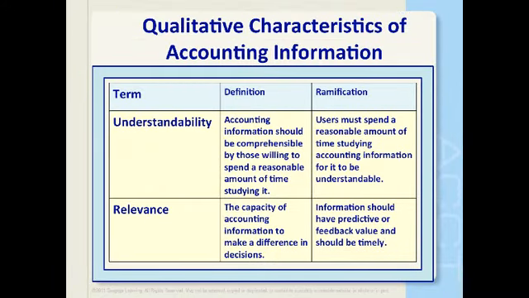Okay. Next, we have both qualitative and quantitative characteristics in the accounting information. First, we're going to talk about understandability. What that means is that accounting information should be comprehensible by those willing to spend a reasonable amount of time studying it, which is why we're here, so we can understand people's financial statements.